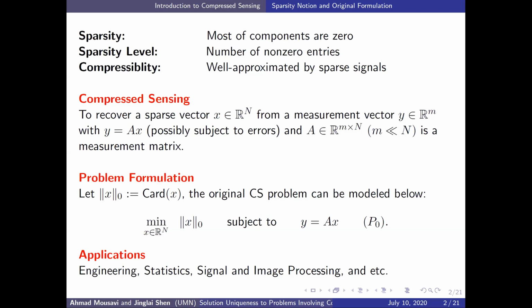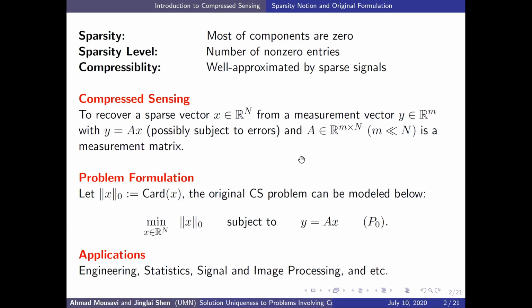And now we want to use the structure of this sparse vector. You can assume that the length of this vector is very long, in R^N, and capital N is very large here. So instead of sending this x, you want to send this y, which is Ax.